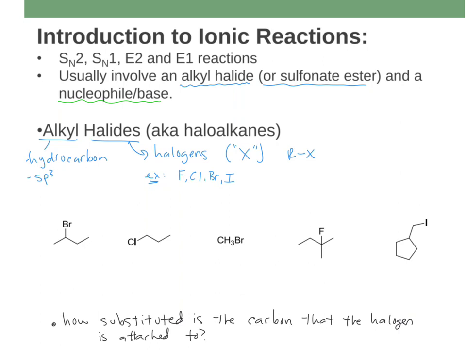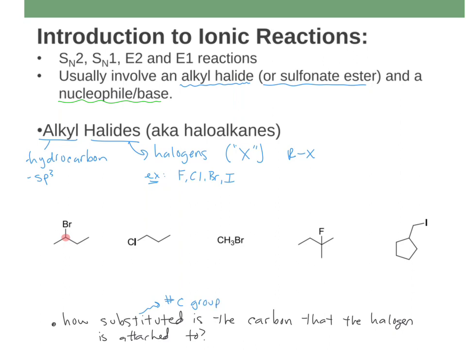For example, in this one right here with the bromine, it's attached to this carbon right here. And so I want to ask myself, how substituted is that carbon? When we're talking about how substituted, what we're saying is how many carbon groups. We want to know the number of carbon groups attached.